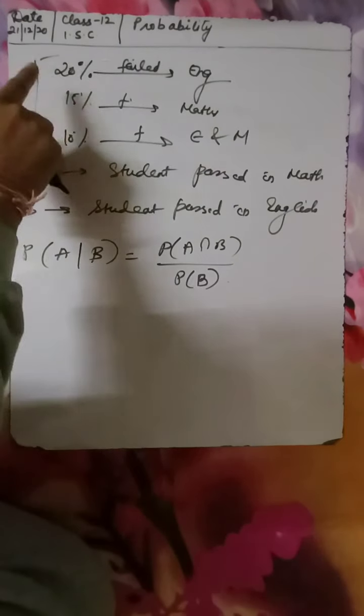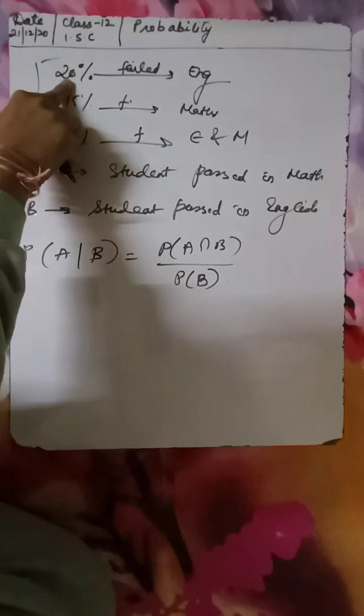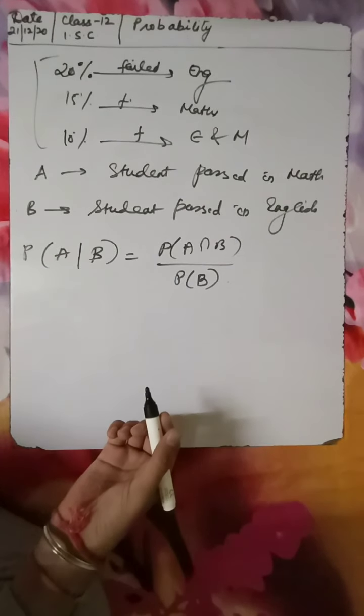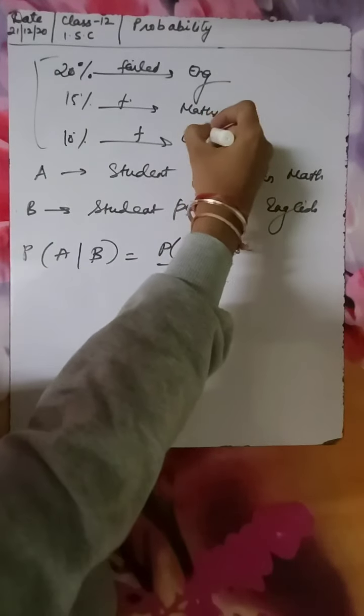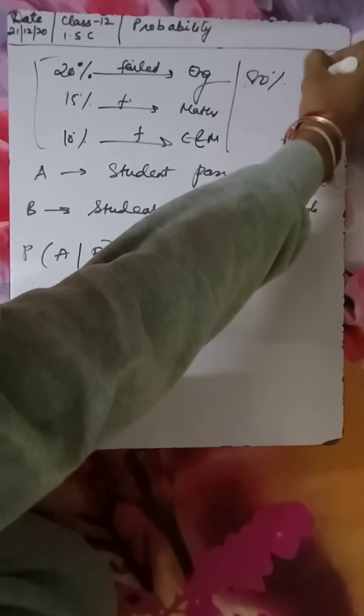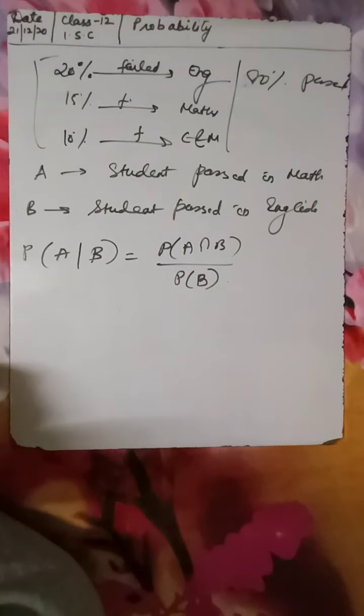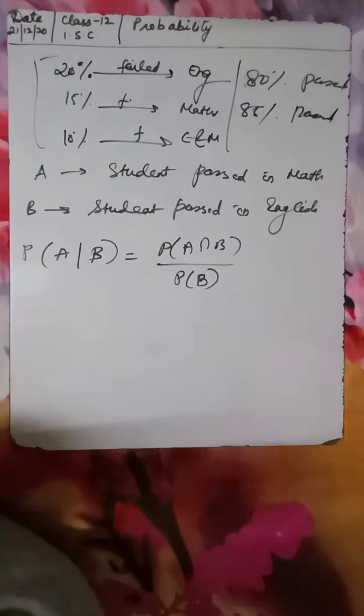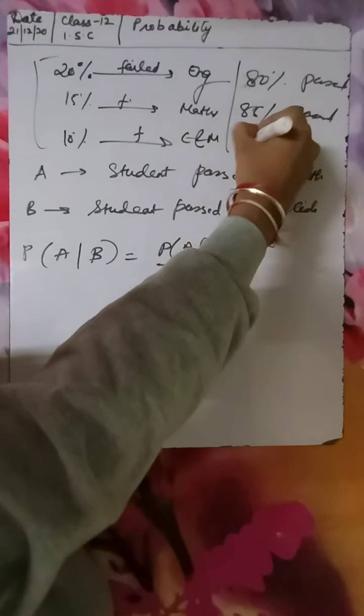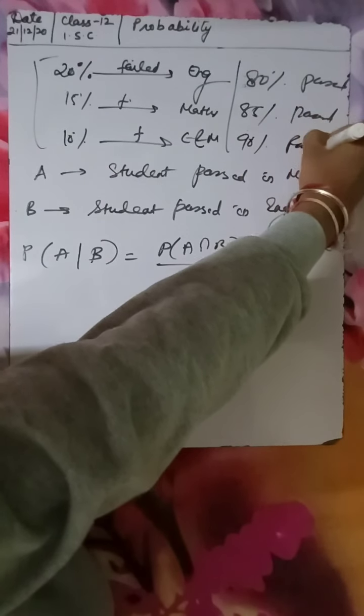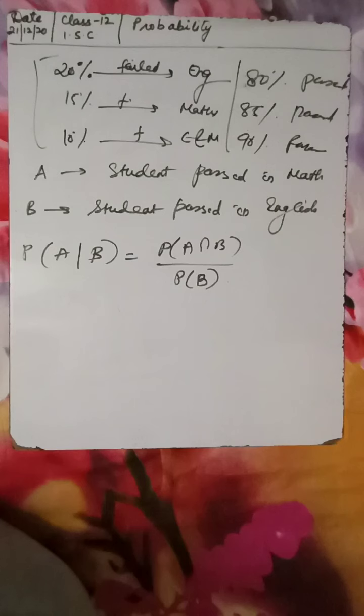So we need to see what the passed data will be. In English, 20% failed, that means 80% passed. 15% failed in mathematics, which means 85% passed, and 10% failed in both English and mathematics, so 90% passed in English or mathematics.